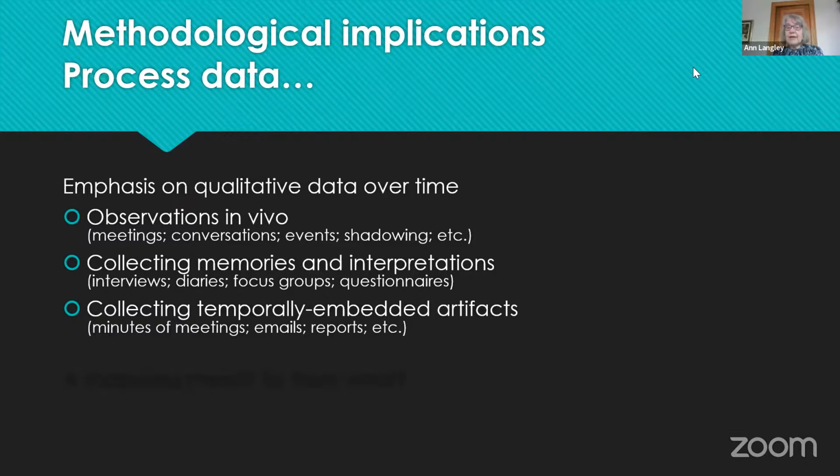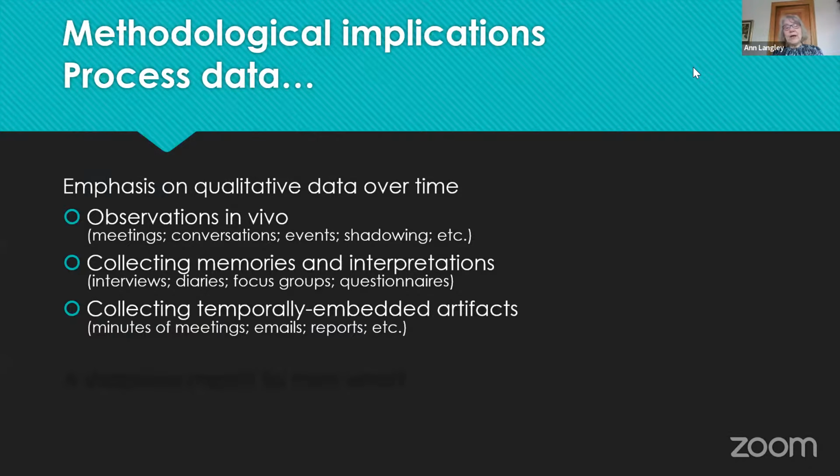A second way of collecting process data is to build on people's memories and interpretations. And you do this through interviews, diaries, focus groups, questionnaires, all kinds of ways of getting at how people understand what is happening, what has happened, and how that evolves over time.